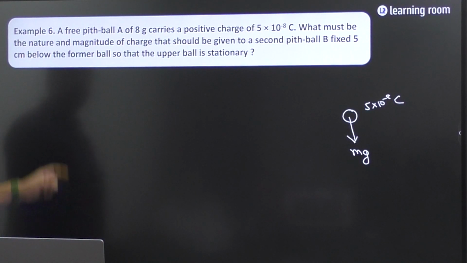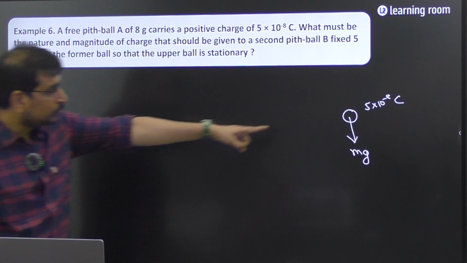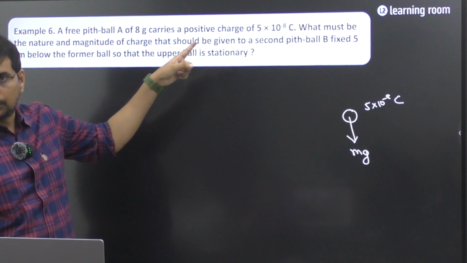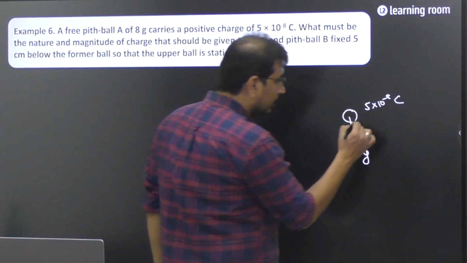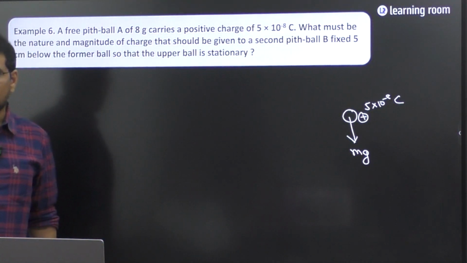What must be the nature and magnitude of charge that should be given to the second ball, which is fixed at 5 centimeter below the former ball? So how is this one charged? Look at the question, read it carefully. Is it positively charged or negatively charged? So it is positively charged. I am giving you another ball.